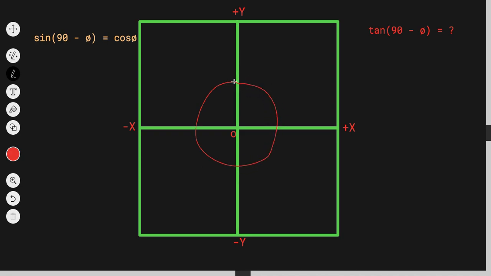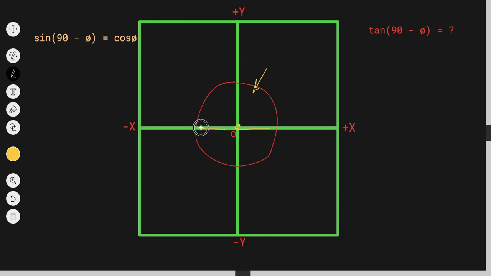Let us assume that this is a circle, and you start from this point, move around the circle, and come back to that point. Then it is said that the total angle you would have traveled is 360 degrees. Why? Because a circle has an angle of 360 degrees.